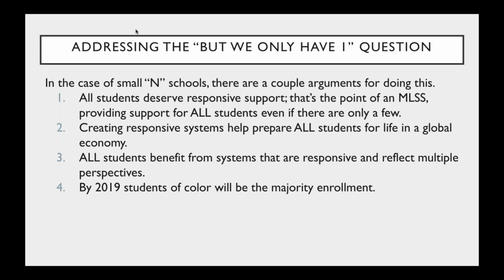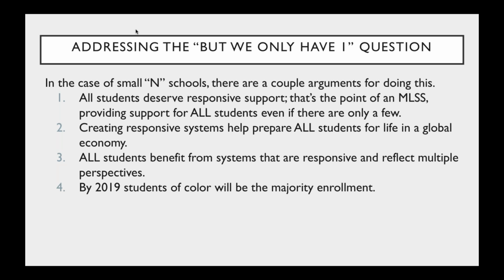We've built multi-level systems of support into our schools with the understanding that a solid foundation will be able to support all students, including the students that are a small number. When we talk about it from a behavior standpoint, we talk about students needing intensive interventions.